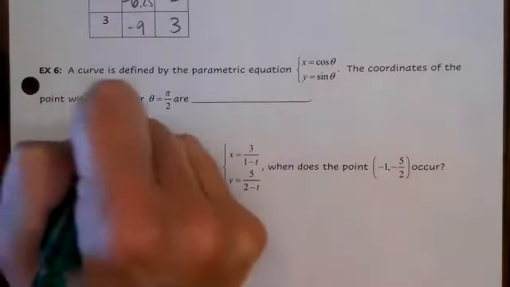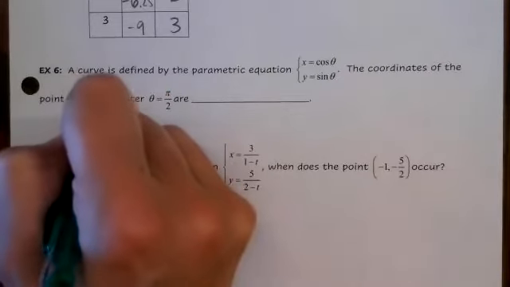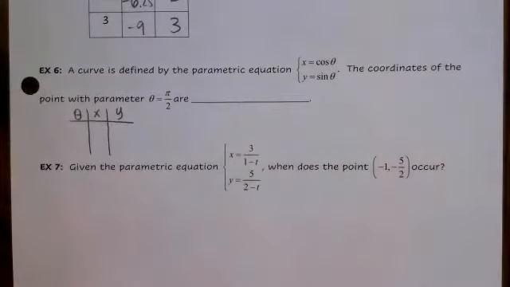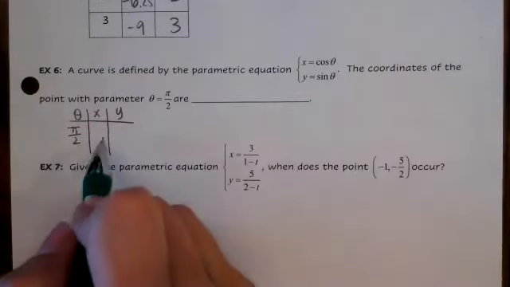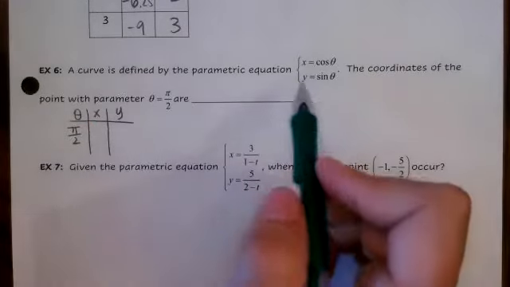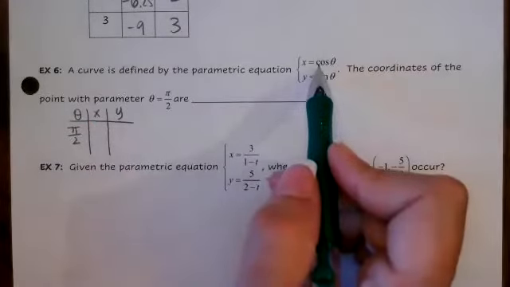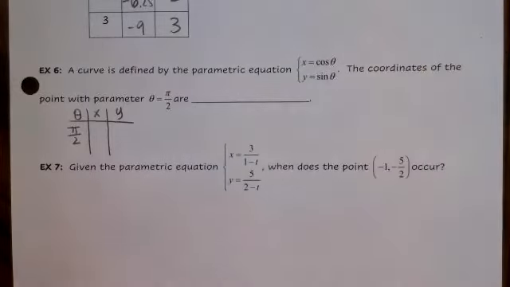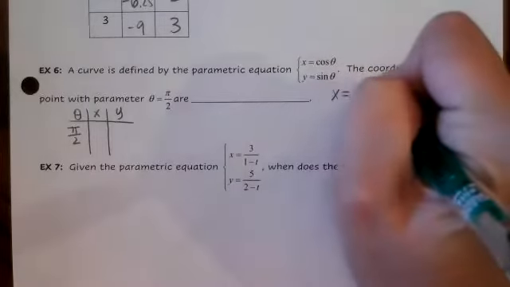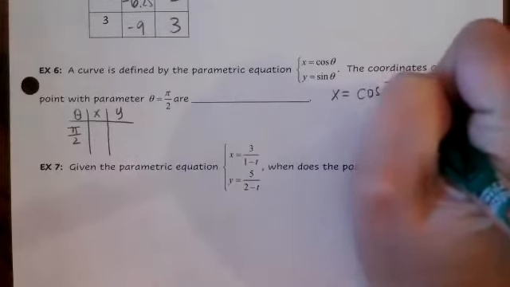If you want to think about that as a table of values, this would be theta, x, and y. And so it's telling us pi over 2 is the theta that we're looking for, and we would want the x and y that corresponds with that. So just like we did the tables, we plug that pi over 2 in for that theta. So we get x equals cosine of pi over 2.